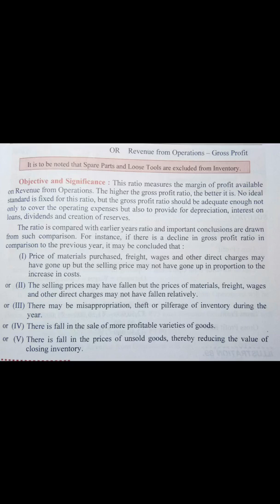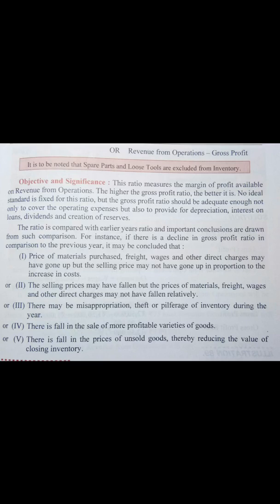various conclusions may be made, like the price of material purchased may have gone up, but the selling price has not been increased in proportion to the increase in cost. Or the various conclusions which we can make is it may happen that selling price may have fallen, but the other direct charges may not have fallen relatively.